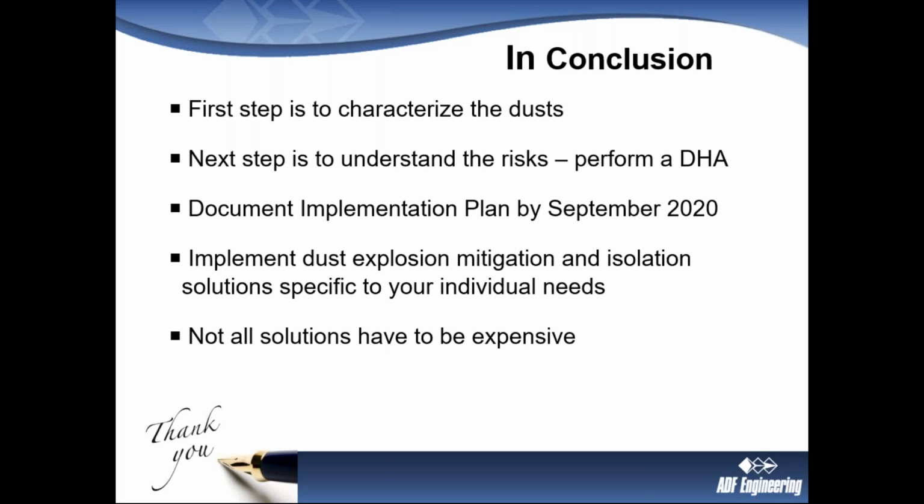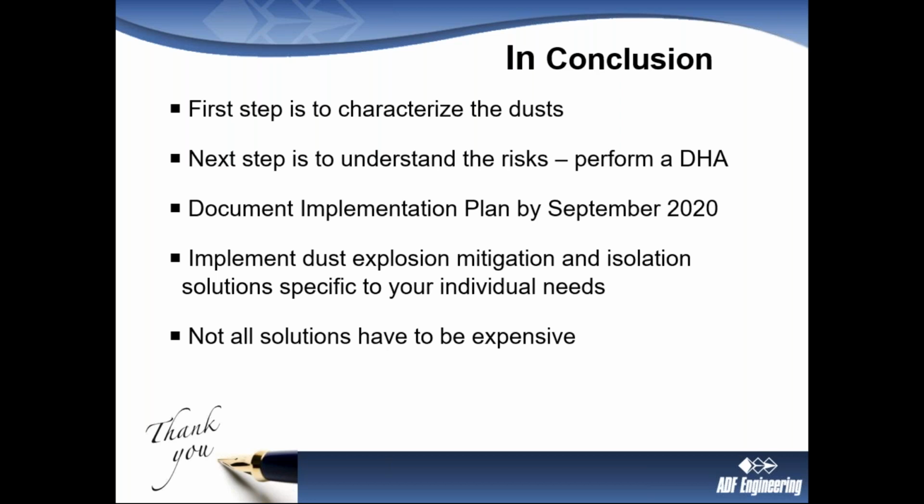The first one, Matt, is what is a typical dollar amount for a DHA on a mid-sized facility? Well, the cost of the DHA is going to depend on a couple things. So first of all, there's travel costs, and that's just a matter of how far away is your DHA provider from where you are. The next part of that is the size and complexity of your facility.